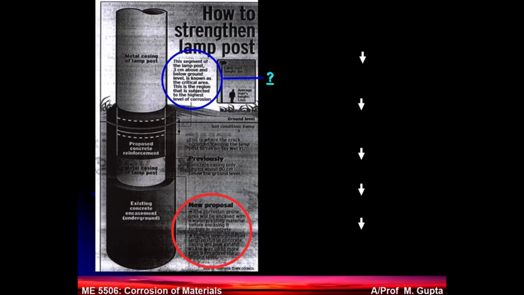No, there is no waterline here. And waterline corrosion does not happen above it. It happens below it. We are concentrating at this point of time above the ground.